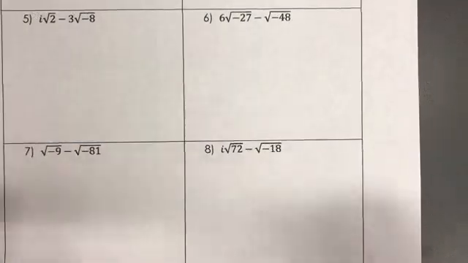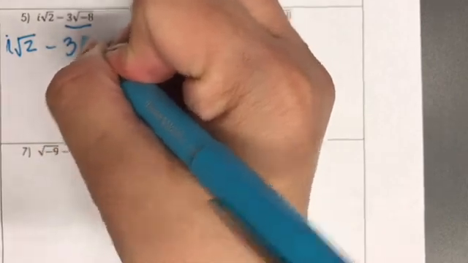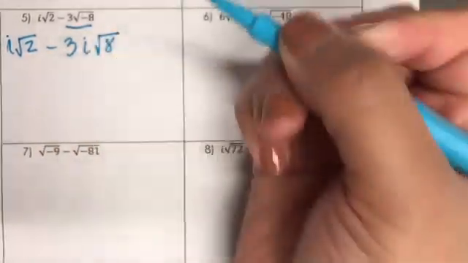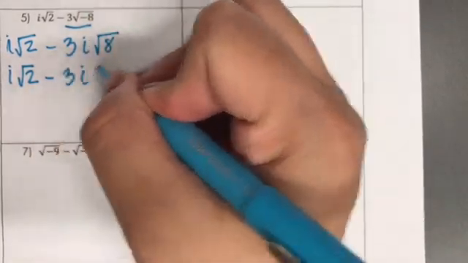Okay, we have number 5. i times the square root of 2 minus 3 times the square root of negative 8. i square root of 2 minus 3i square root of 8. i square root of 2 minus 3i.